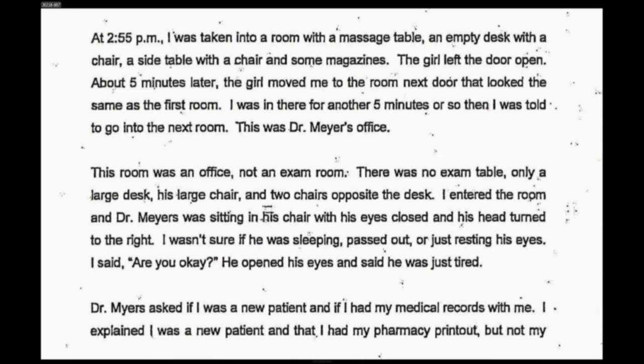The girl left the door open. About 5 minutes later, the girl moved me to the room next door that looked the same as the first room. I was in there for another 5 minutes or so, and then I was told to go into the next room. And that was, she reports, Dr. Myers' office, right? That's what it says? And she explains that it was an office, not an exam room, doesn't she?